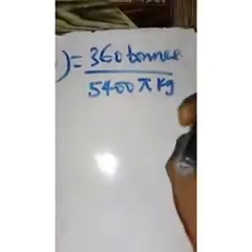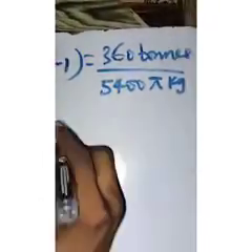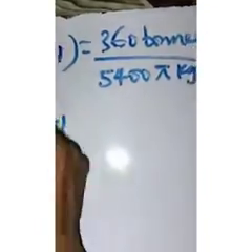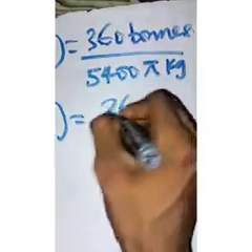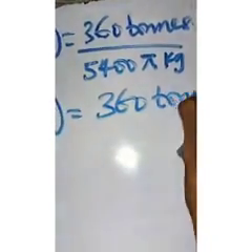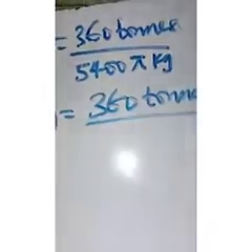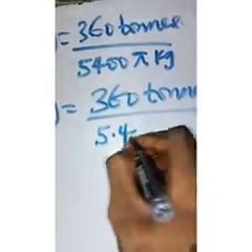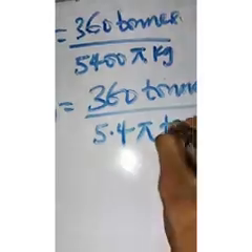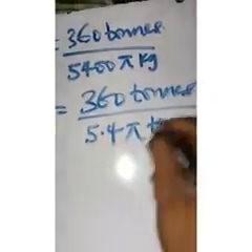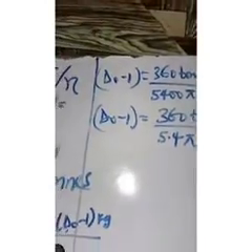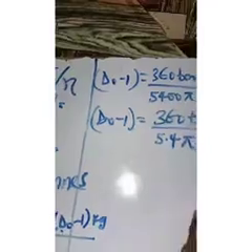So if I want to convert it to tons, it is equal to 5.4 tons. So that will now be d naught minus 1 equals 360 tons all over 5.4 pi tons. Then you can cancel each other, and I can have my answer from there.